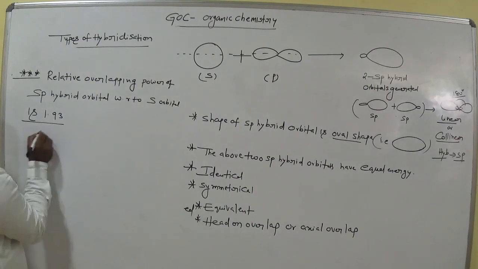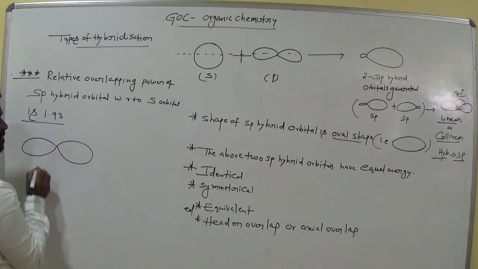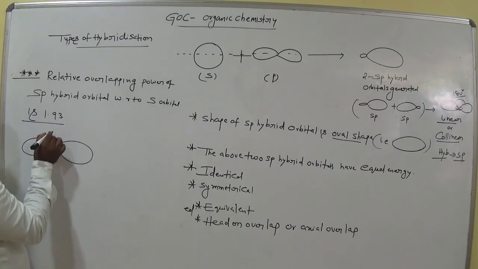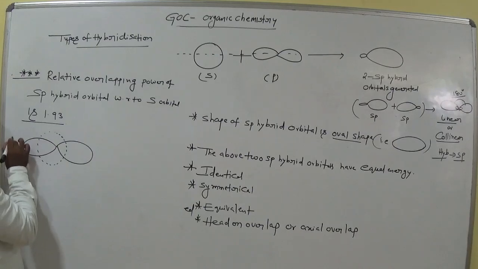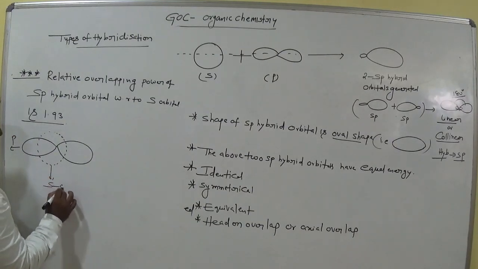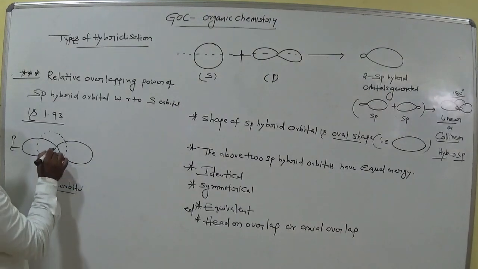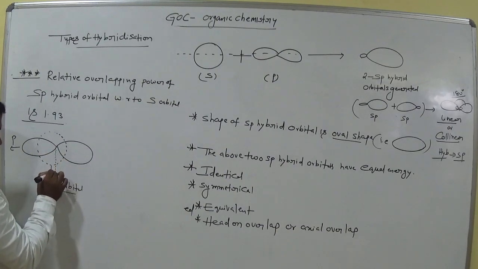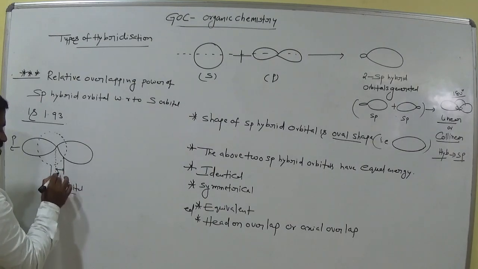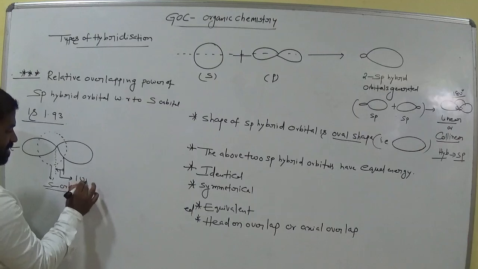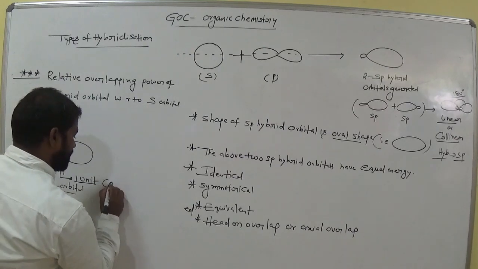Okay, let's see what the meaning of this is. Now this is a p orbital, am I right? Now this p orbital undergoes overlapping with the s orbital. This one is called the p orbital. This one is called the s orbital. From this point up to this distance, the s orbital, this one is taken as 1 unit overlapping power of the s orbital.